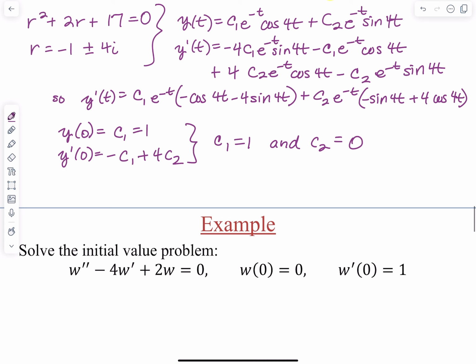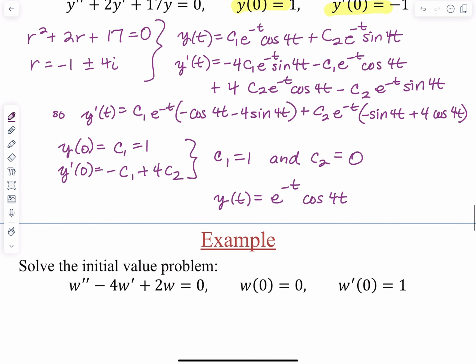So our solution is given as y of t is equal to e to the negative t multiplied by the cosine of 4t, since we have c2 equal to 0. And that's our solution of the IVP.